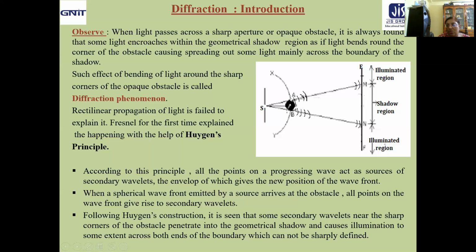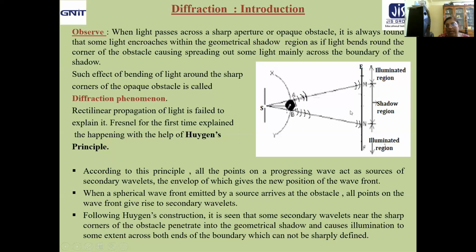But at the two ends, some wavefronts will pass beyond the obstacle and enter into this geometrical shadow, and it will continue its movement following Huygens construction, and ultimately they will reach the two sharp edges of the shadow region, that means at M and at N, giving some fluctuations in the shadow region only across the boundary. That's why the shadow region cannot be sharply defined.